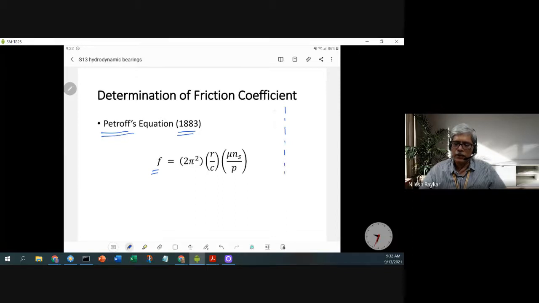The case that he considered to derive the formula that we see here is important in the sense that it covers some of the important parameters that are valid for the hydrodynamic bearing.